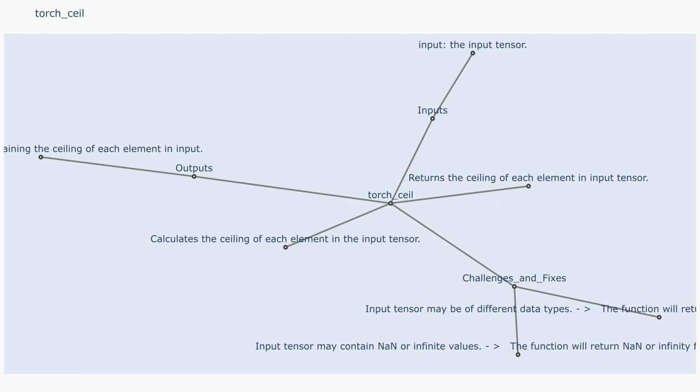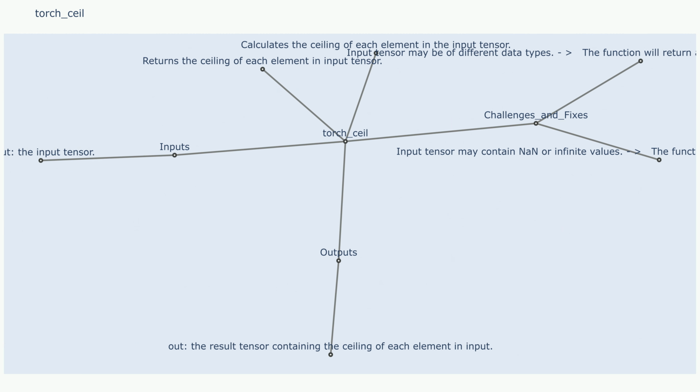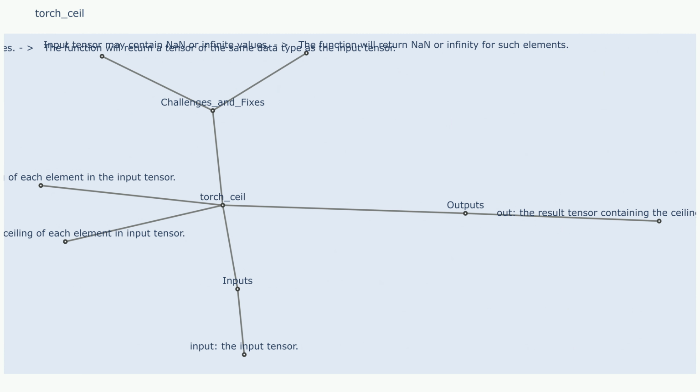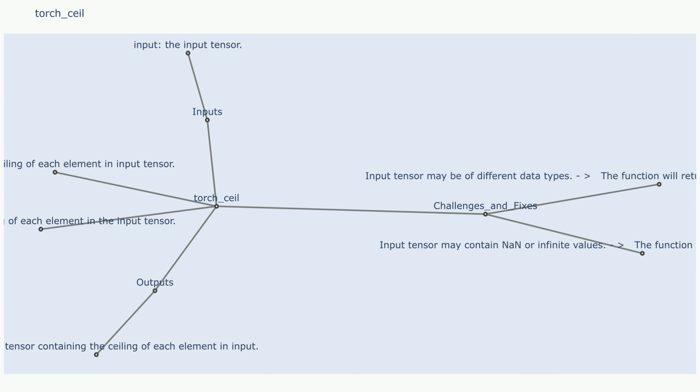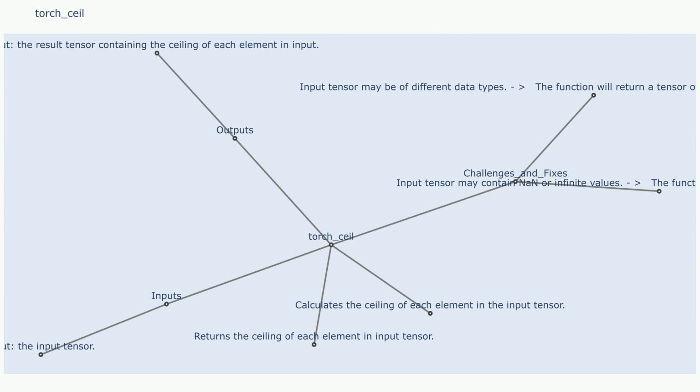If the input tensor contains NaN values, the output tensor will also contain NaN values at the corresponding positions. Sample use case that resulted in challenge 1: if the input tensor is 1.5, 2.3, NaN, 3.8, the output tensor will be 2.0, 3.0, NaN, 4.0.